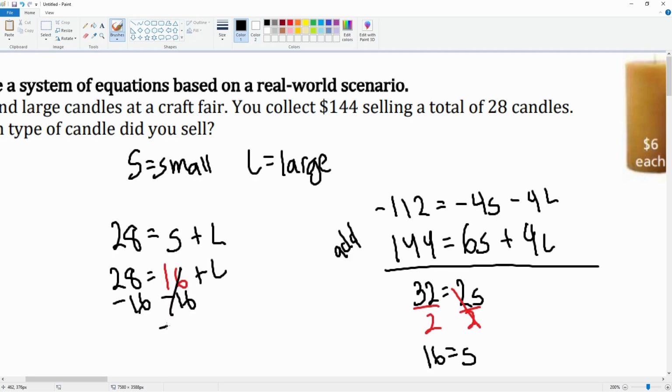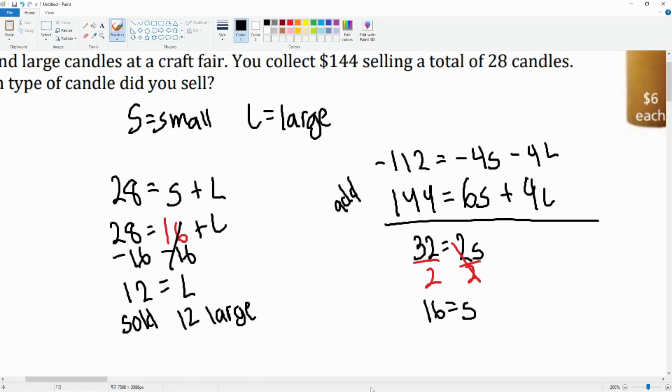This cancels, leaving you with a 12 equal to L. So you sold 12 large, and you also sold 16 of the small.